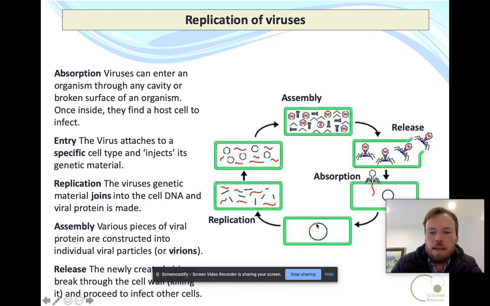And so the viral DNA or RNA is able to hijack the cell's normal mechanisms for turning DNA into proteins and replicating DNA, and it uses it to replicate more of its genetic material and some proteins, which are going to be then assembled into capsids.